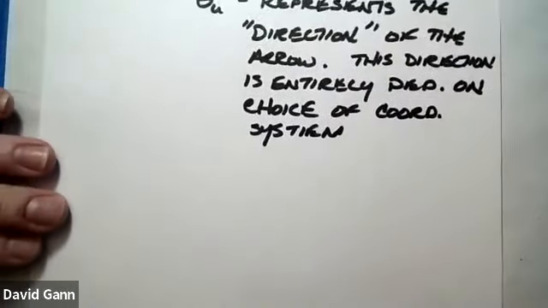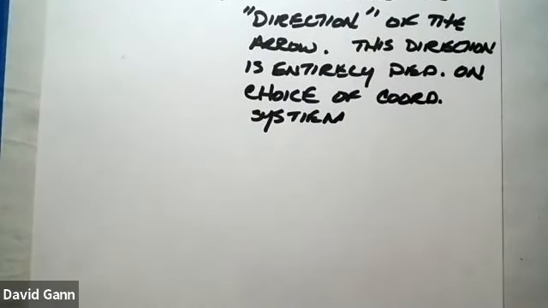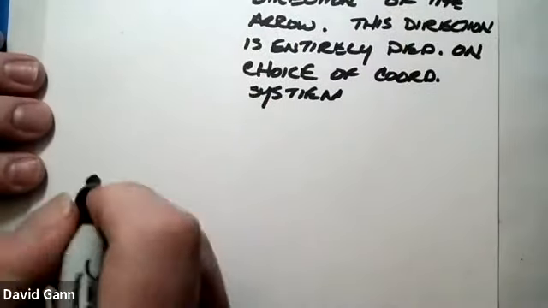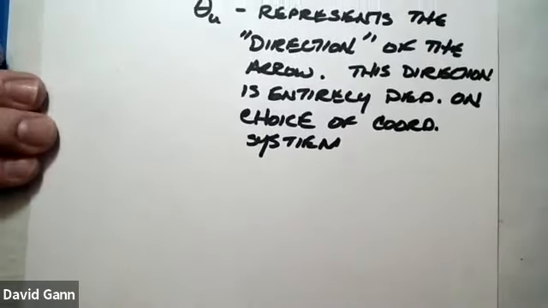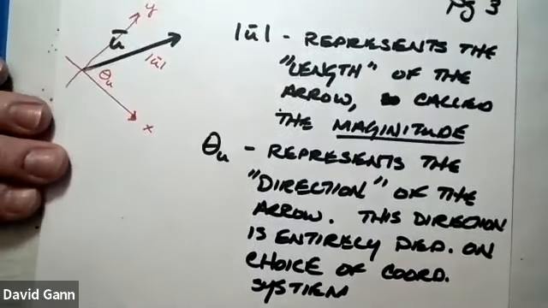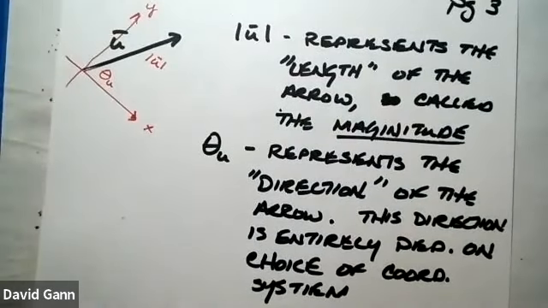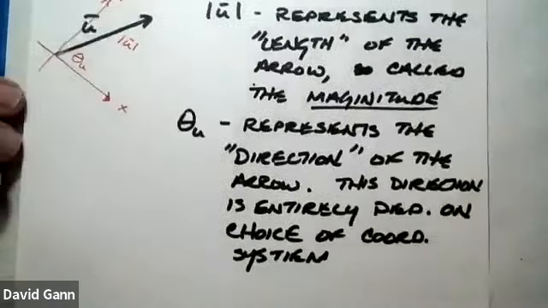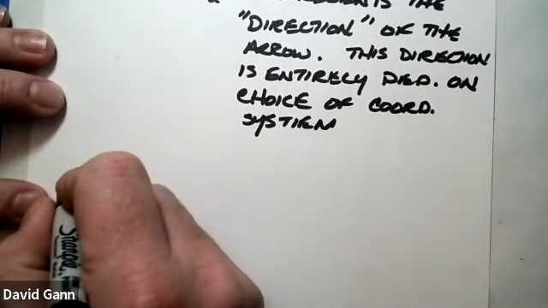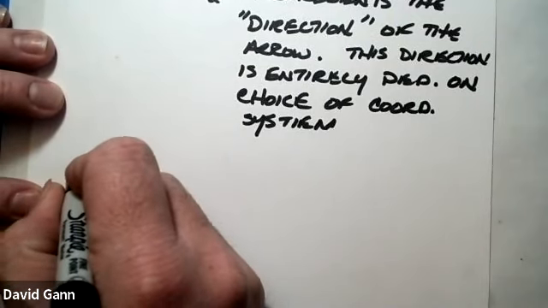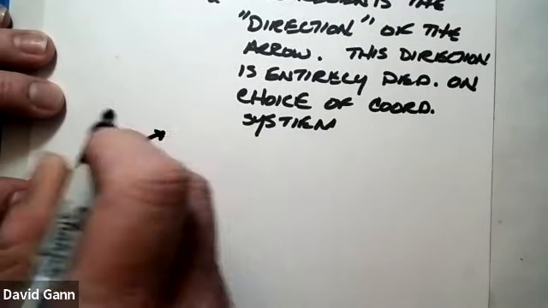Now, we're also going to talk about some quantities, so these are the magnitude and direction. We're also going to use some symbols, and maybe I'll just draw this picture again, or maybe just add some extra bits to it. So here's our vector u again.